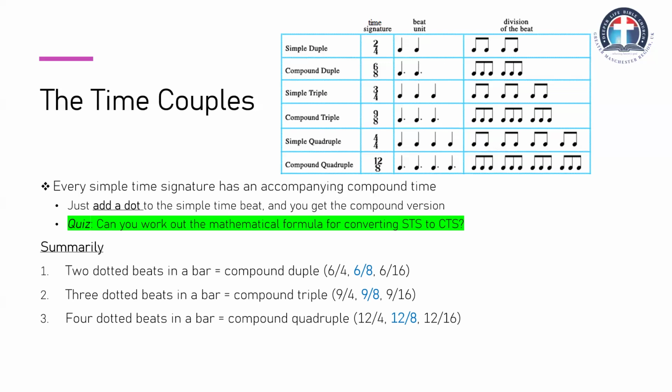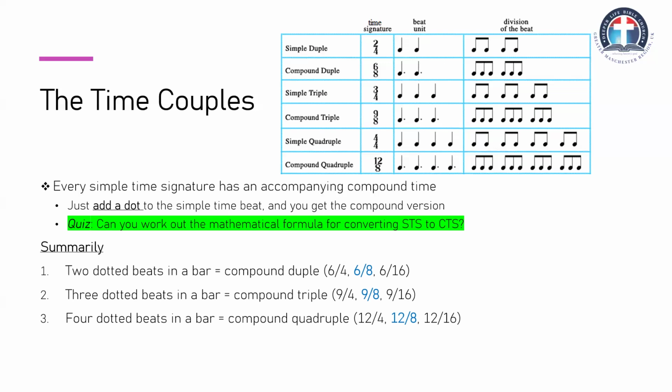So you know that it is 2 dotted crochet beats. In the same vein, 3 dotted beats in a bar will give you compound triple. If it is 3 dotted minims, that will be 9/4. If it is 3 dotted crochets, that will give you 9/8. If it is 3 dotted quavers, it will give you 9/16.